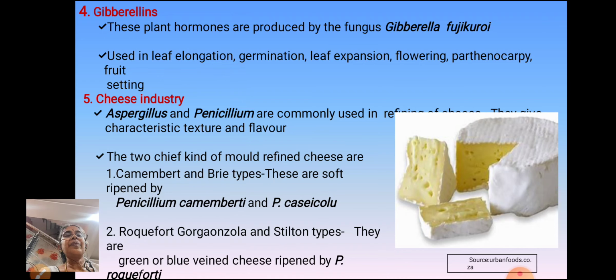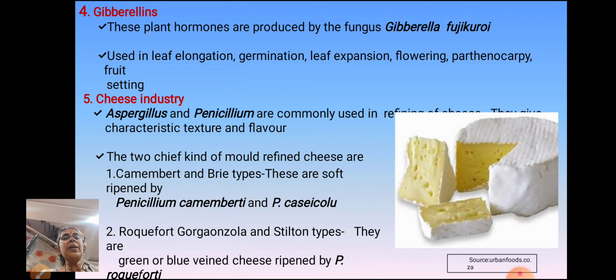Fungi are not spared in the food industry, especially the cheese industry. Aspergillus and Penicillium are commonly used in ripening of the cheese, giving a characteristic texture and flavor. The two chief kinds of mold ripened cheeses are the Camembert and Brie types, and the Roquefort and Stilton types.